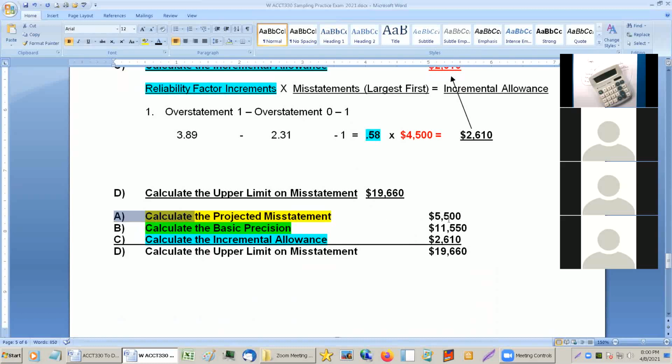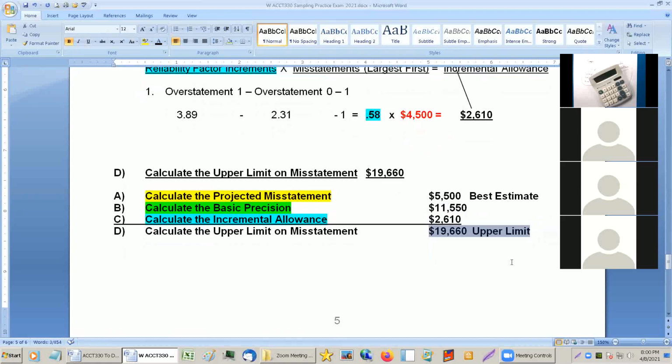So this is our best estimate. And this is what we call the upper limit. So we think it's going to be off by this amount. However, it could be off by up to that amount.